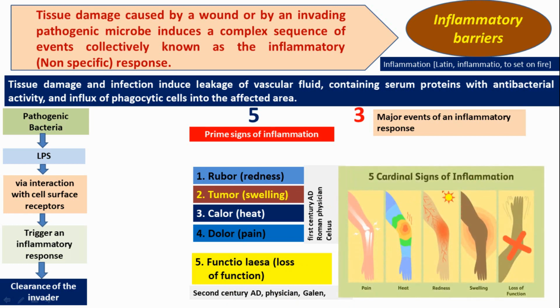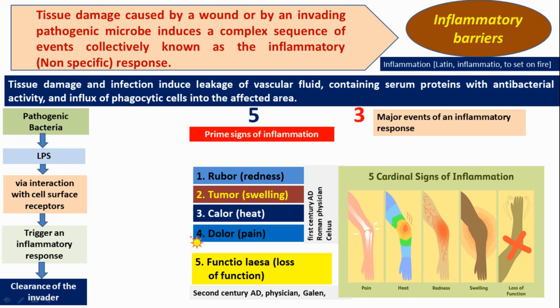So you can see these are the 5 cardinal signs of inflammation, or 5 prime signs. The first one is redness. Whenever there is inflammation in a particular damaged tissue, there will be redness in this area. Then tumor means swelling. Whenever there is inflammation, that damaged tissue area will swell.